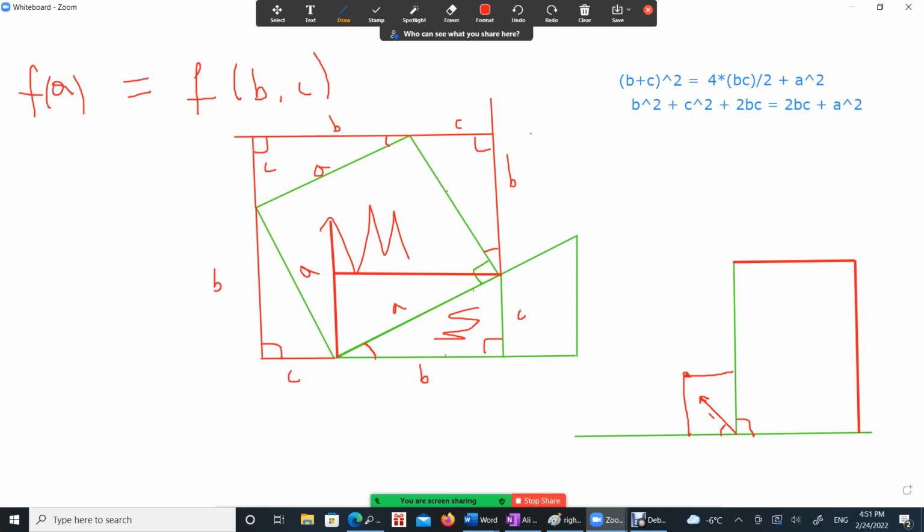Another BC would be this. So that's BC. There's another BC. That's C squared, and this is B squared.